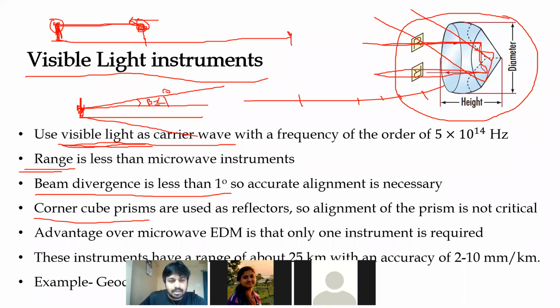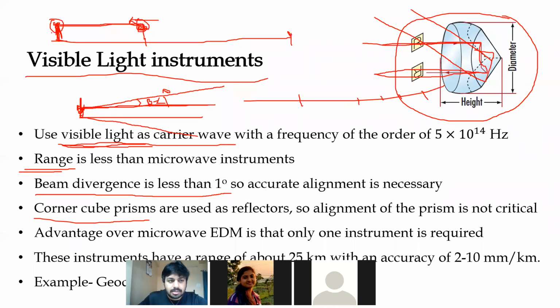You can imagine how small 1 degree is. So more or less the beam will be parallel, and because of that, you have to accurately align your reflector.